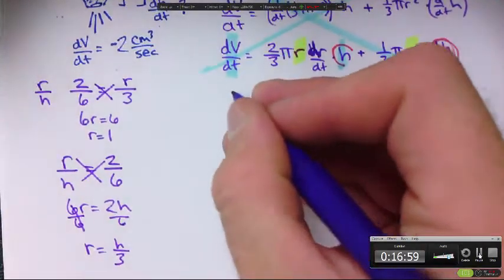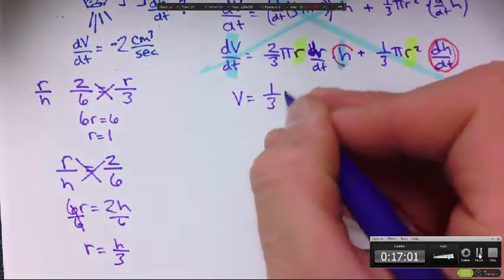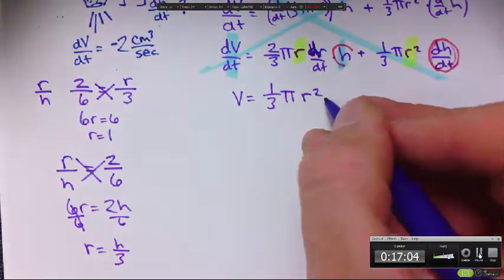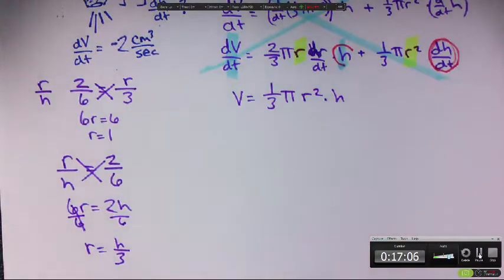So we have this formula. Volume is equal to 1/3 pi r squared times height. We're still going to use that formula. But we need to get rid of the r because we don't know what the speed of the radius is. So we're going to use the proportion that we have over here. We rewrite r as h over 3 and plug it in here.